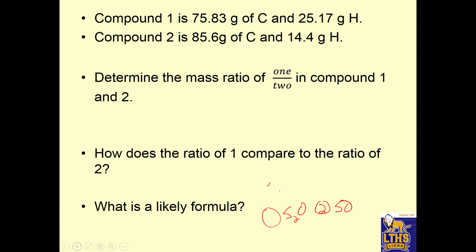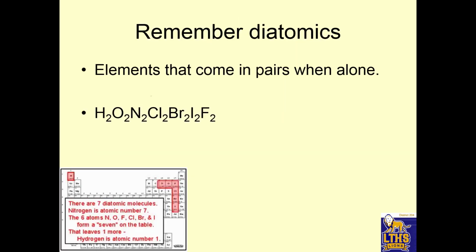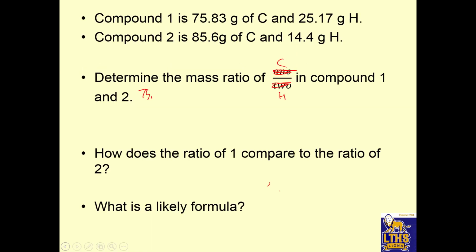Compound 1 is 75.83 grams of carbon and 25.17 grams of H. Compound 2 is 85.6 grams of carbon and 14.4 grams of H. Determine the mass ratio of C over H. So I'll do 75.83 over 25.17. 75.83 divided by 25.17 is 3.01.